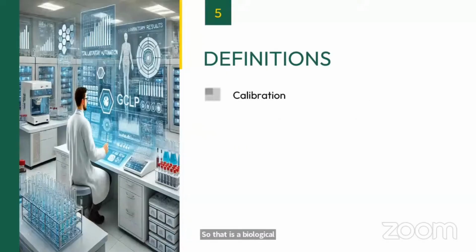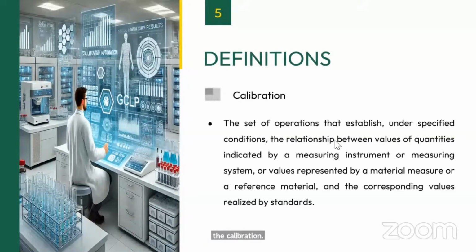Then next is the calibration. Calibration is the set of operations that establish, under specified conditions, the relationship between the values of the quantities indicated by a measuring instrument or measuring system, or values represented by a material measure or a reference material, and the corresponding value realized by the standard.